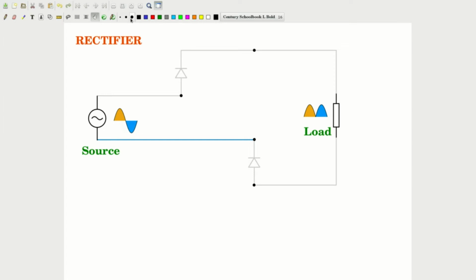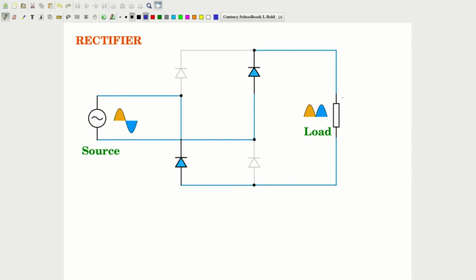So you will see that here, this is positive during the negative half, and the flow of current will be in this direction and again entering here at the same point terminal through the load resistor and then comes back to the source.